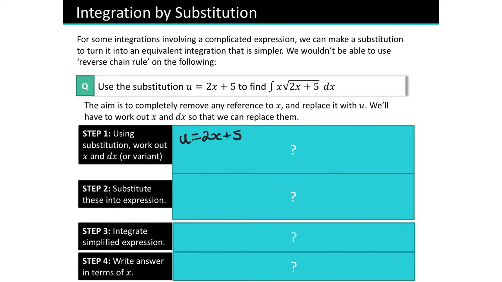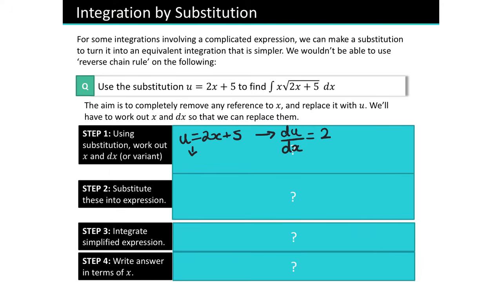We're going to do 2 things from this equation. Number 1, we're going to differentiate. Number 2, we're going to rearrange. If I differentiate, I get du by dx equals 2x differentiates to 2, 5 differentiates to nothing.